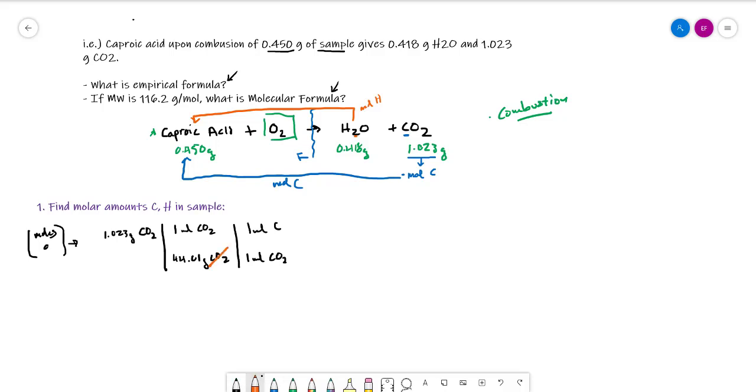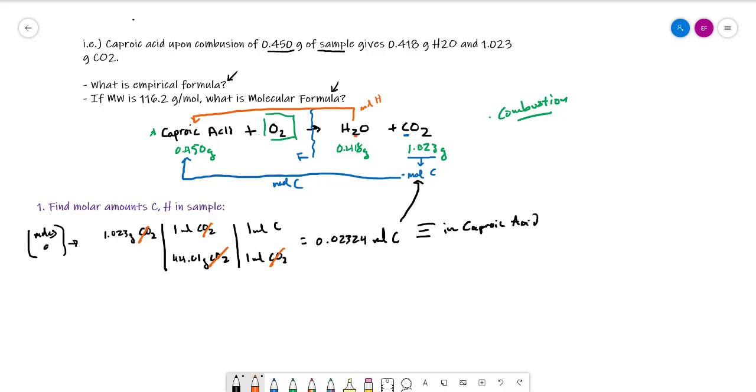So I can get rid of these units, and what I'm left with is 0.02324 moles of carbon, which is also the number of moles of carbon in the original caproic acid sample.